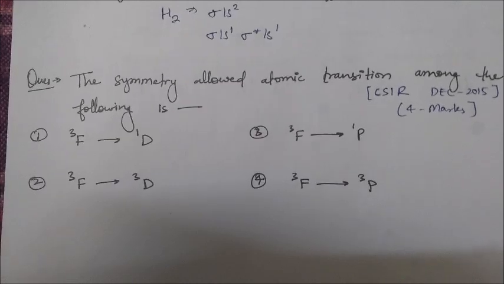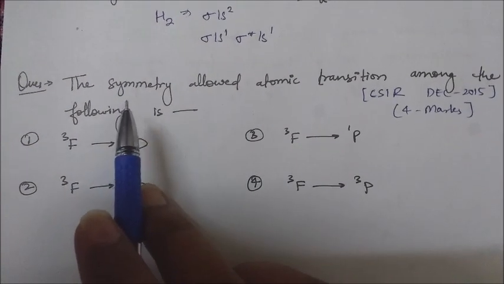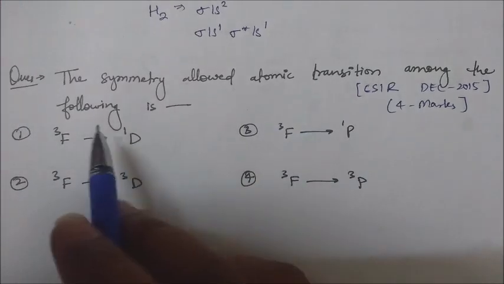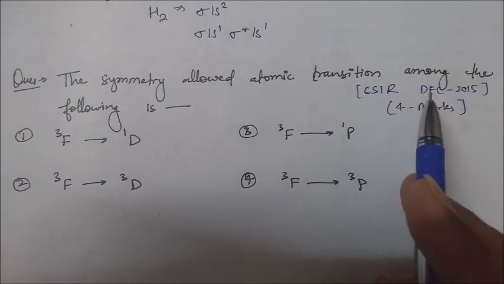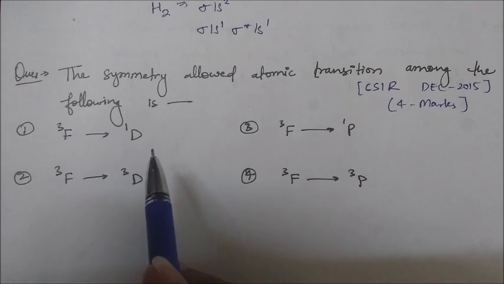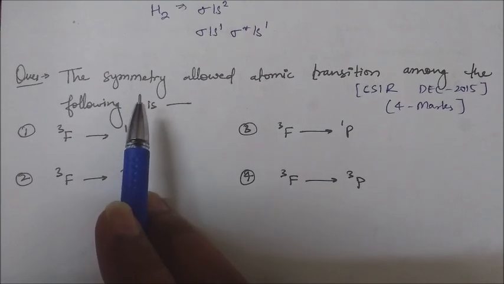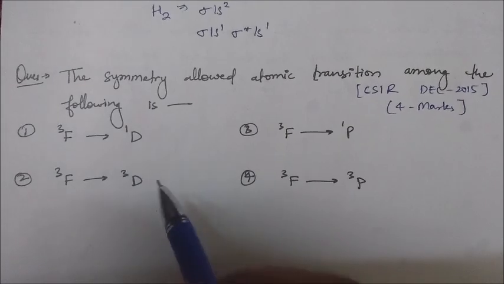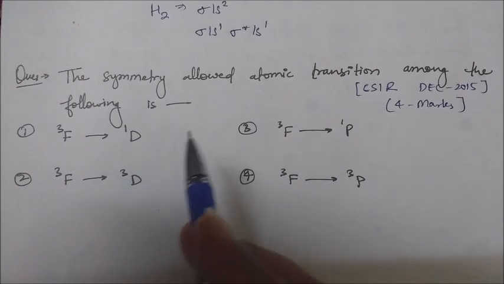Next question, which was on symmetry allowed transitions, says: the symmetry allowed atomic transition among the following, asked in December 2015 for 4 marks. The question was not about molecular transition but atomic transition, atomic term symbols, but it follows the same rules we studied for the molecular one.